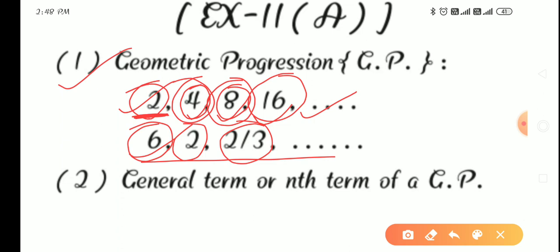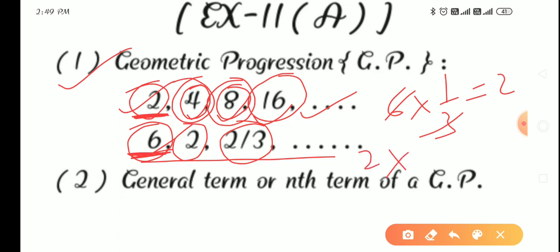So 6 multiplied by 1 upon 3, 2 will come. 2 multiplied by 1 upon 3, 2 upon 3 will come. So I think you have understood what is GP.